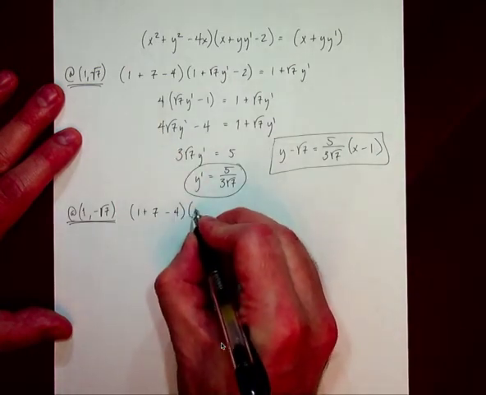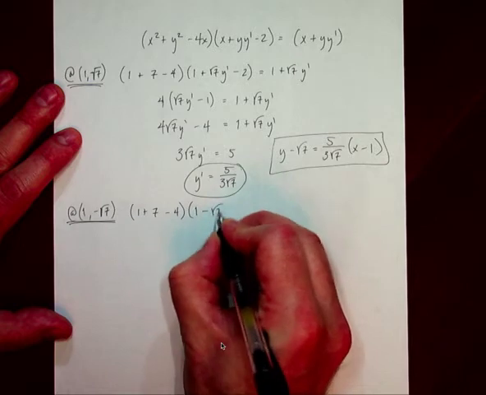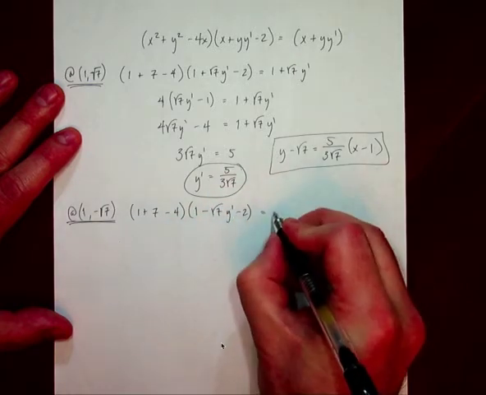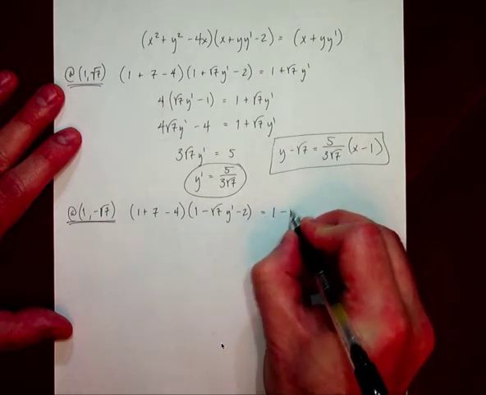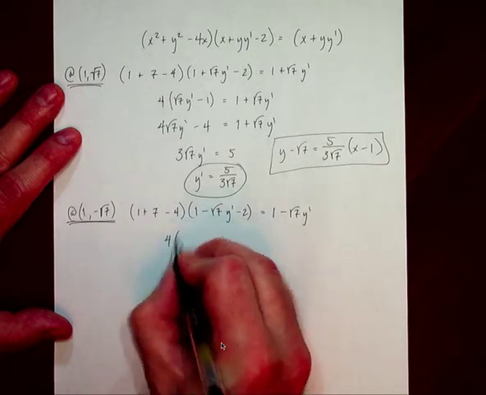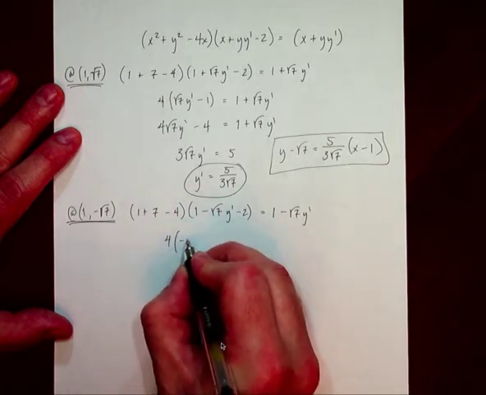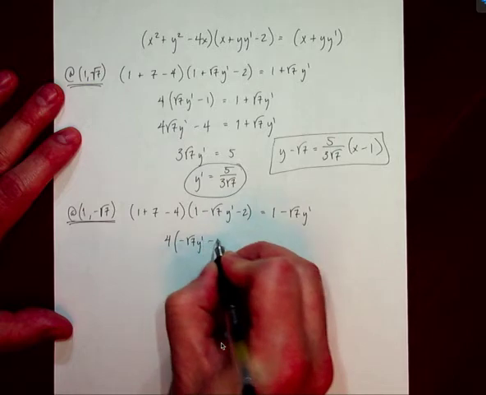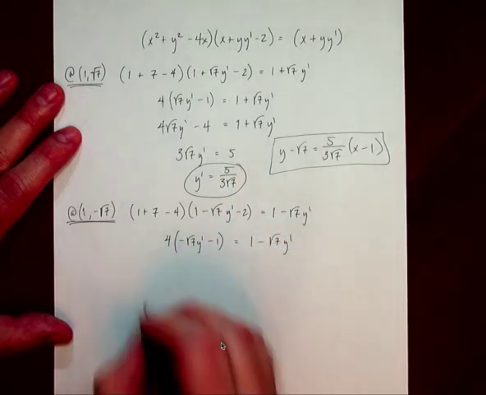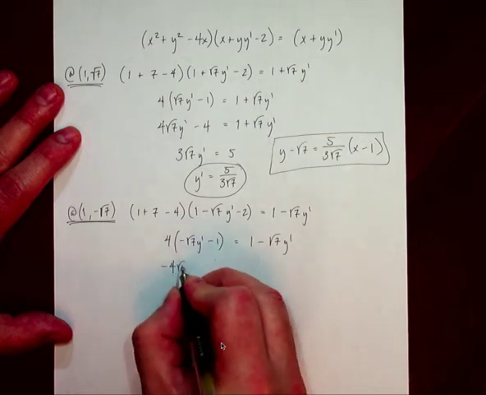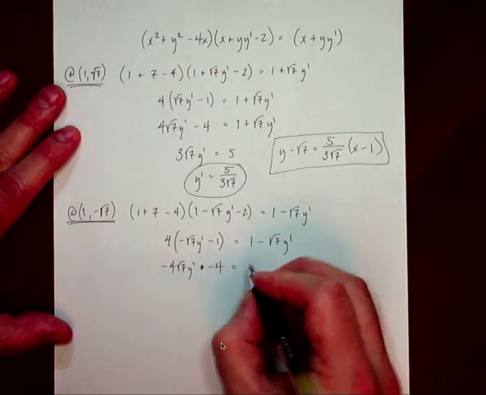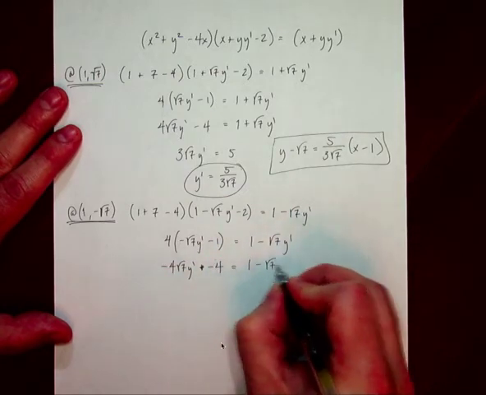Here we have 1 minus √7 y prime minus 2. And on this side over here, I'm going to get 1 minus √7 y prime. This again is 4. This again is negative √7 y prime minus 1. And this is 1 minus √7 y prime. So we get negative 4√7 y prime minus 4 is equal to 1 minus √7 y prime.